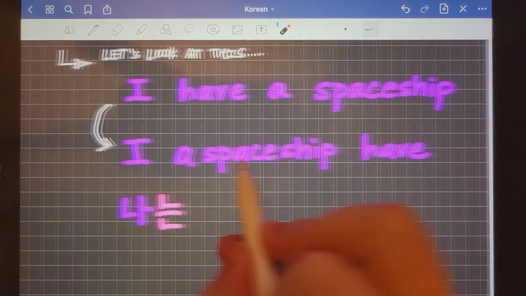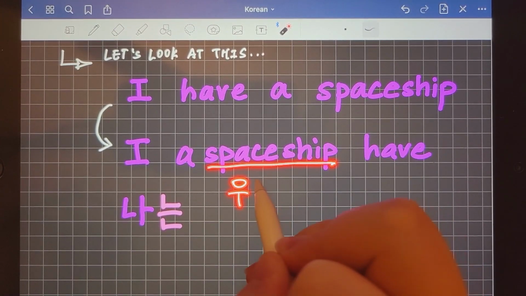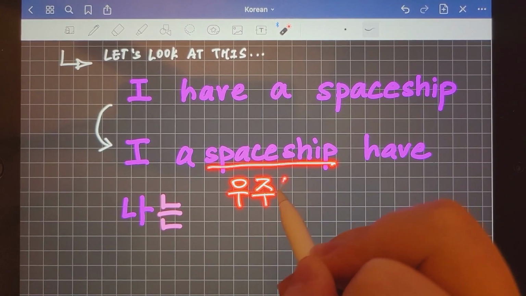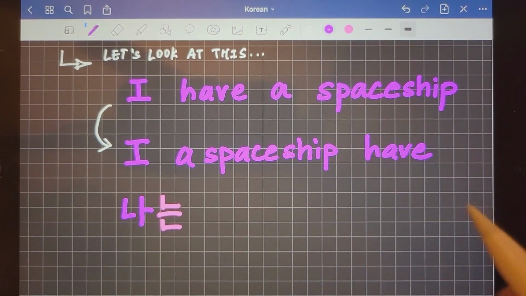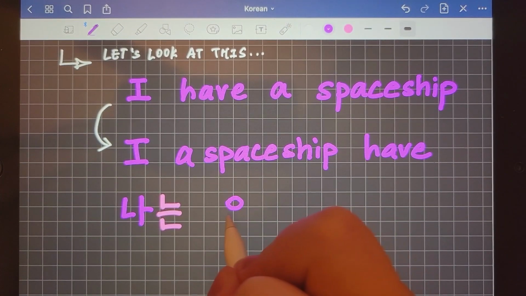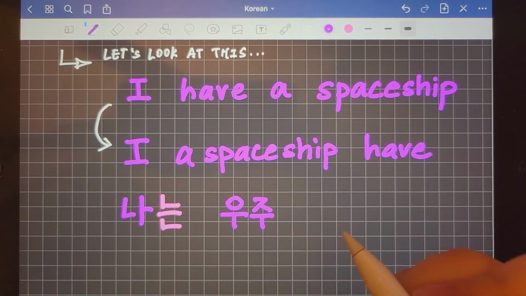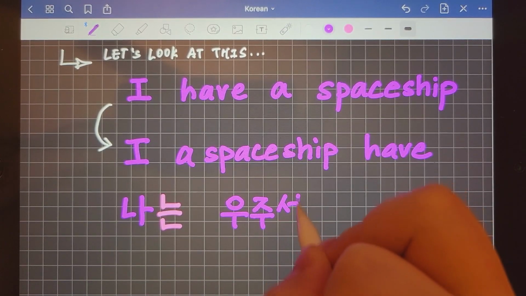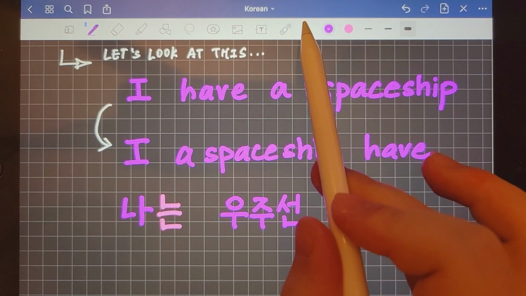Next, we're gonna use a spaceship, and the words that I'm writing there is 우주선.